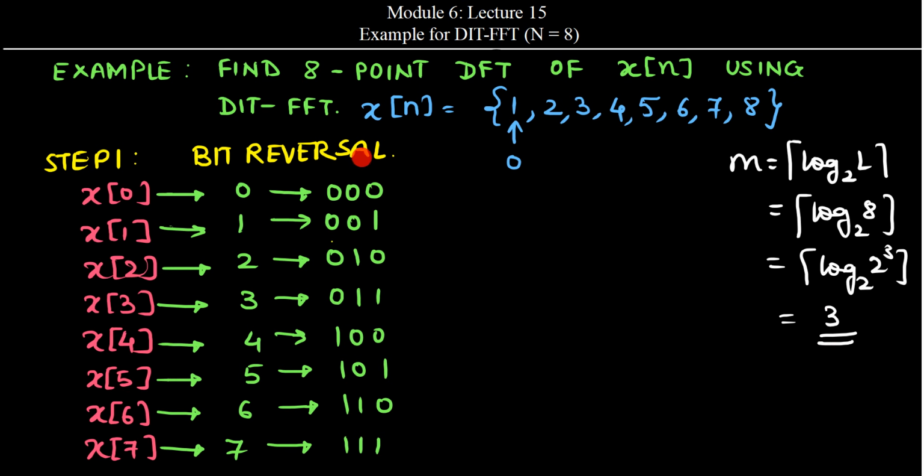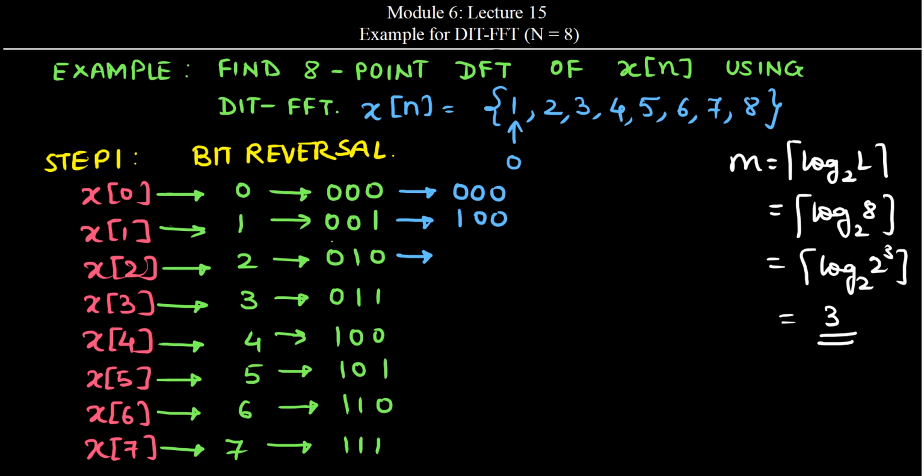But before that, we need to perform the bit reversal, and we have the binary representation of n here. The bit reversal can be obtained by just flipping the bits. What we have here is 0, 0, 0. The bit reversed format of 0, 0, 1 will be 1, 0, 0.